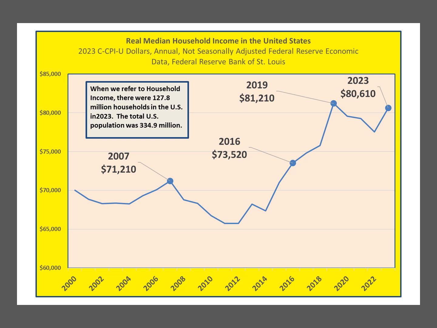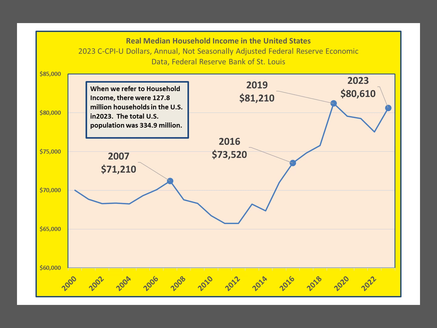of $81,210 per household. And remember, when we talk about household, that is not per person, it's per household. So we have a 335 million population, and we have 128 million households within that. So that would be people living within that household, 1, 2, 3 people, and those are the combined incomes. So oftentimes you're talking about 2 people working.